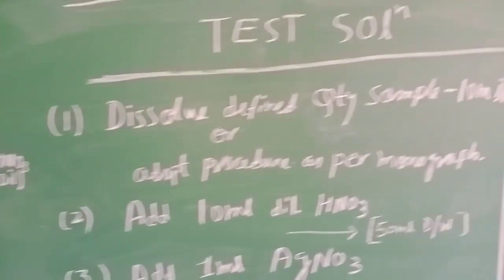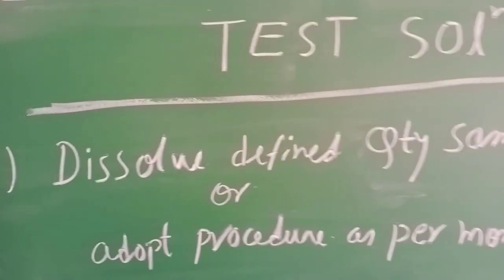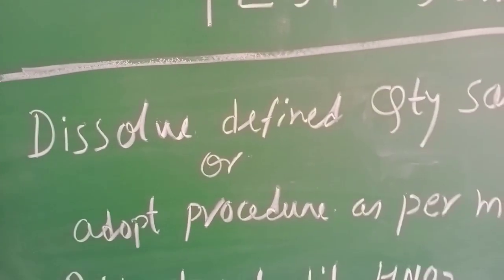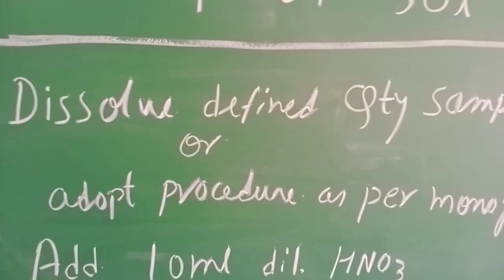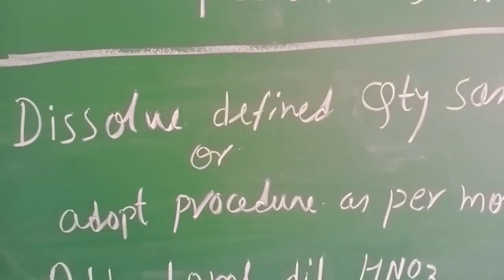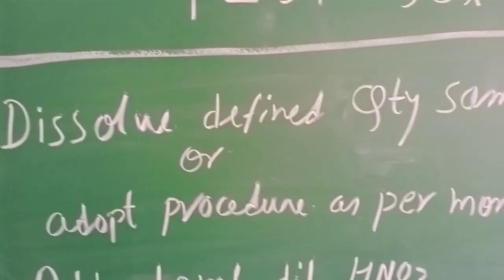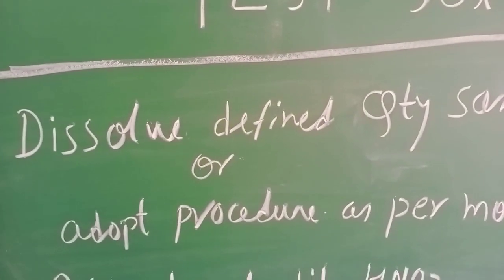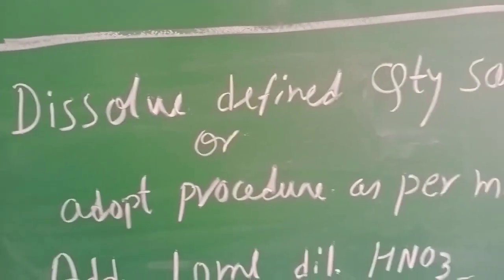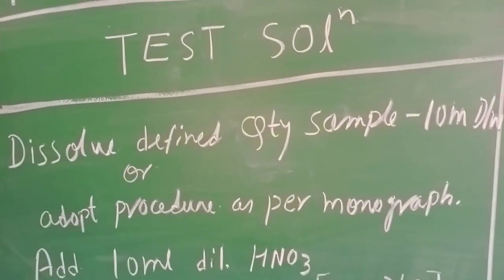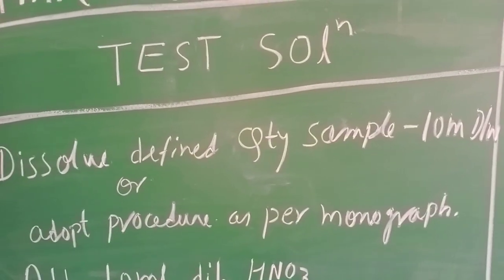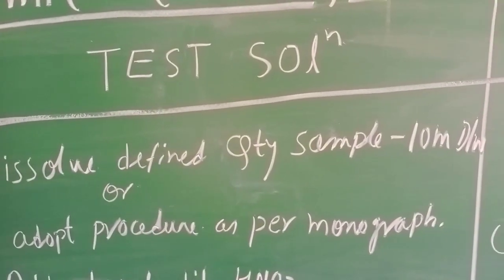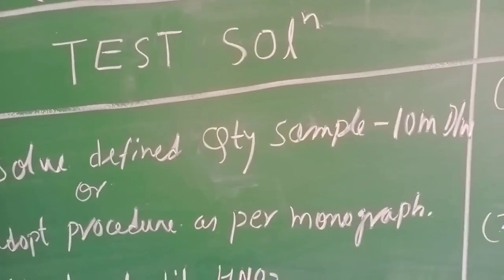Anyhow, whatever sample is intended to be used for the limit test of chloride must first be dissolved in a definite quantity of water, that is 10 ml of distilled water.